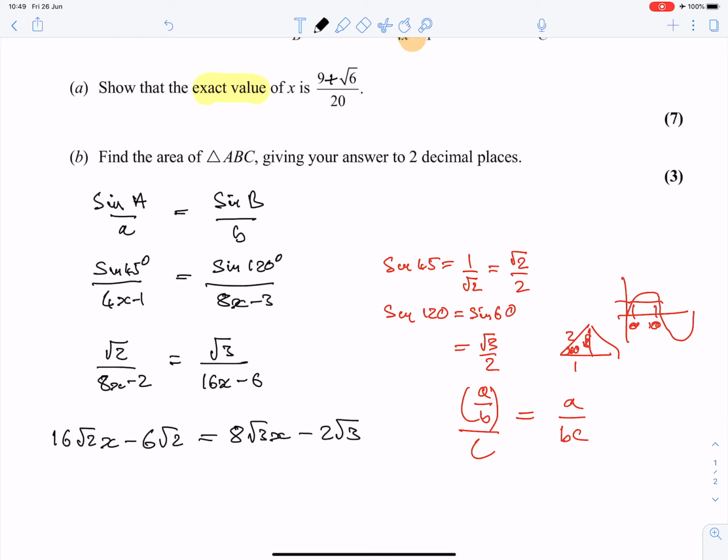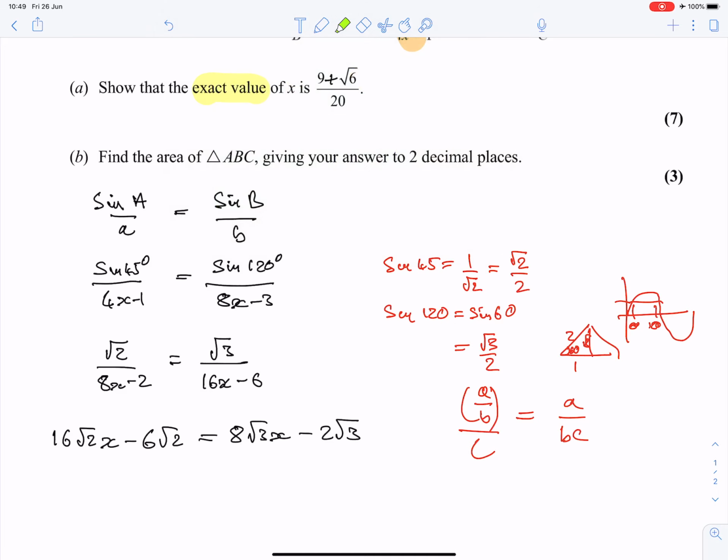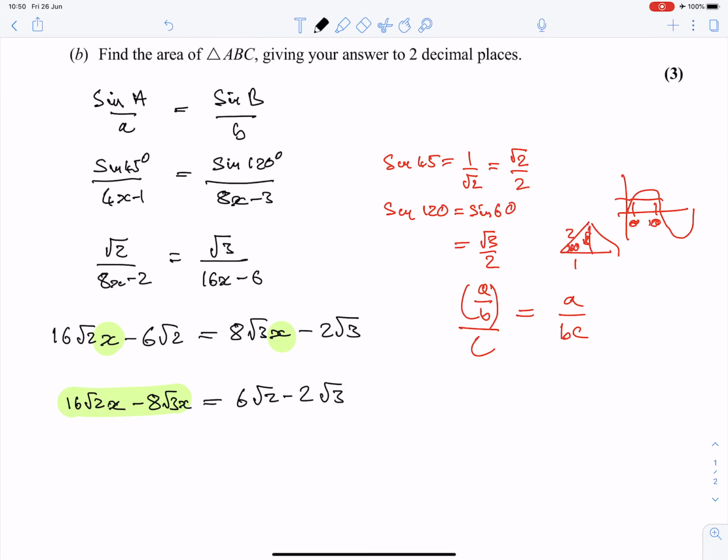The subject, x, appears twice, so we need to collect all the terms with x's to one side, and everything else is going to go to the other. So we get 16 root 2 lots of x minus 8 root 3 lots of x is equal to 6 root 2 minus 2 root 3. Factorise on the left-hand side, so we take x out as a factor.